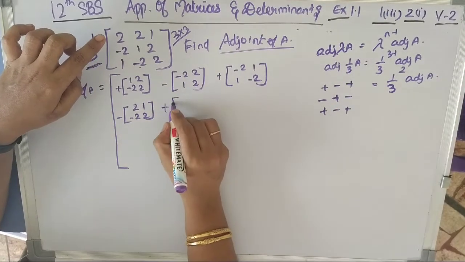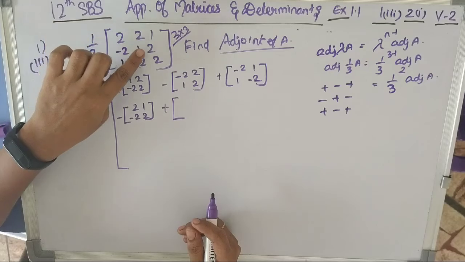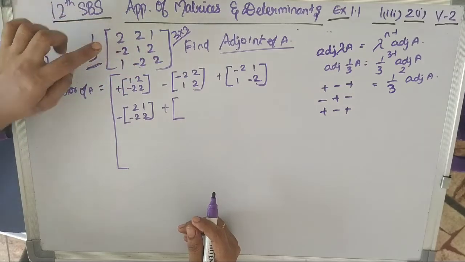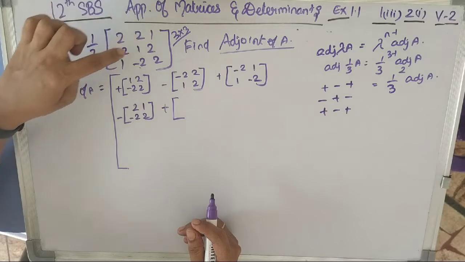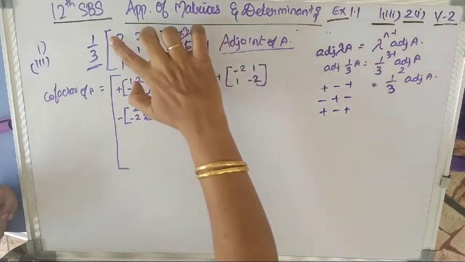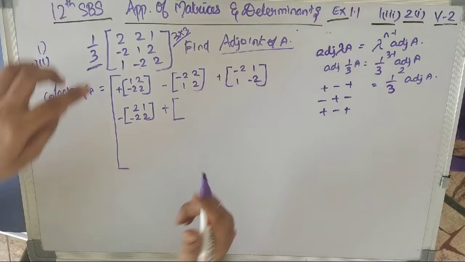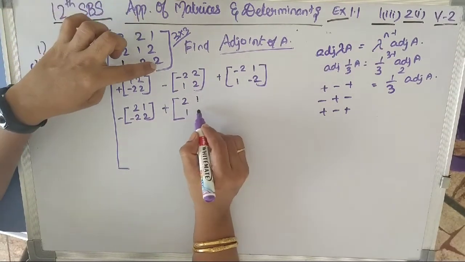Now the sign convention for the next place is plus, and where is 1? It is in row 2 and column 2. I eliminate row 2 and column 2 and write the remaining elements: 2, 1, 1, 2. So plus of the determinant 2, 1, 1, 2.